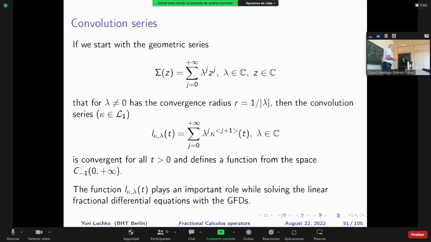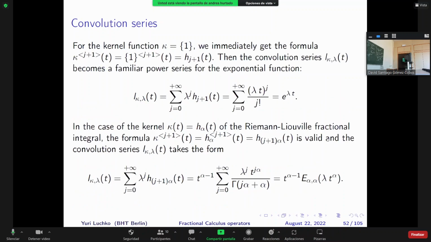And of course, it will not be a surprise that this function plays a very important role when considering fractional differential equations and these operators.